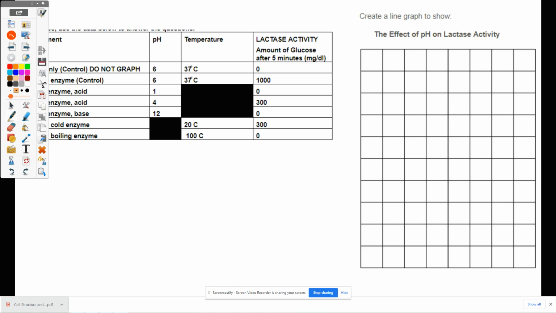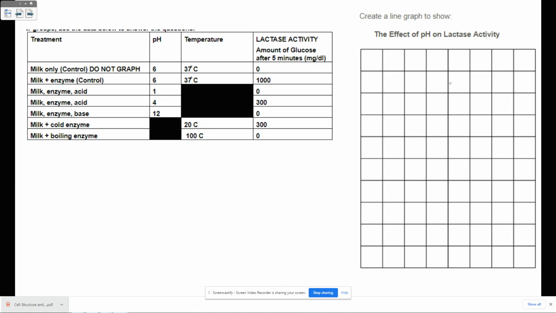The milk was designed only as a control. And we tested this to show that before we started, there was no glucose in the milk. We did that just to show that there's no glucose, because if there had been glucose, then the rest of our readings wouldn't have meant much. But since there's no glucose, we know that any glucose we get is because lactase has been breaking down the lactose.